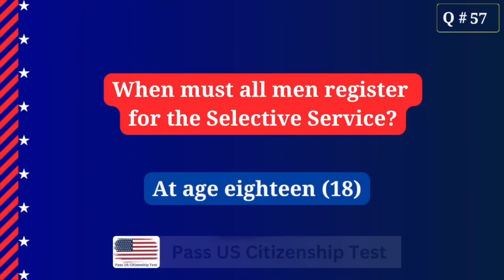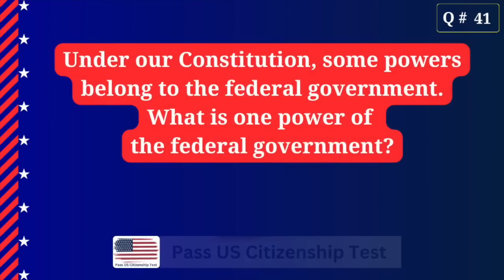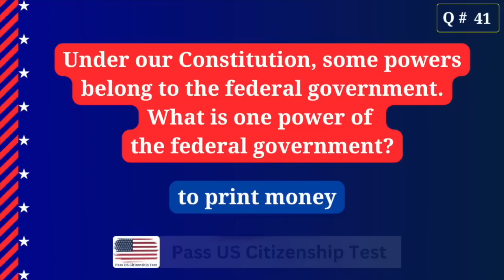At age 18. Under our Constitution, some powers belong to the federal government. What is one power of the federal government? To print money.